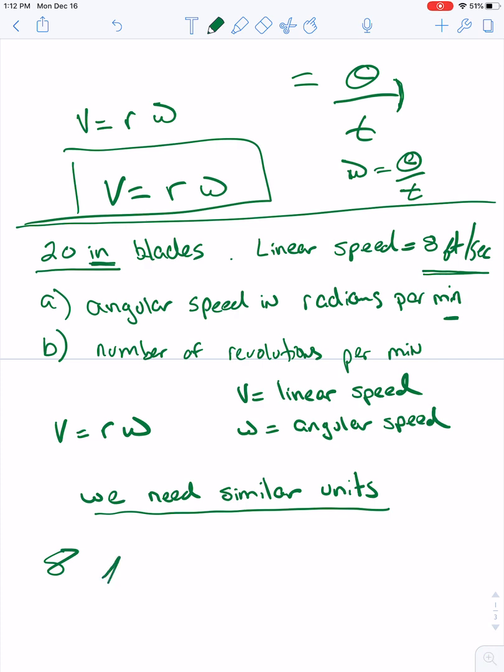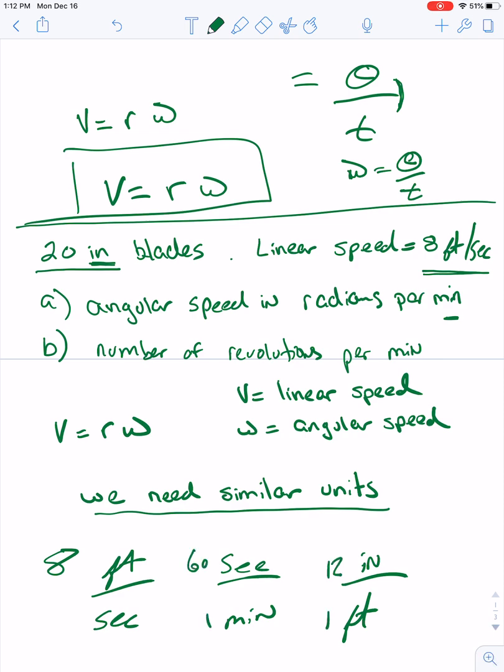So 8 feet per second, we're going to minutes, and we're going to inches. So there are 12 inches in 1 foot. There are 60 seconds in 1 minute. So notice seconds cancel, feet cancel or reduce out.